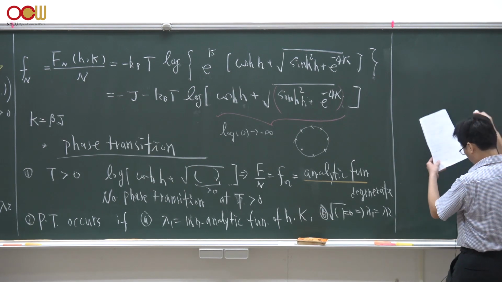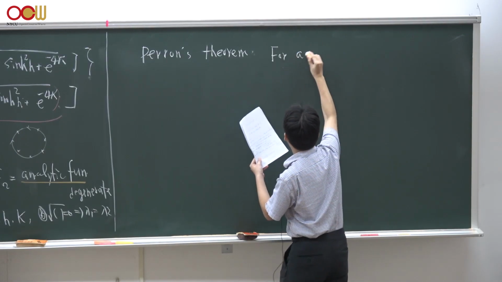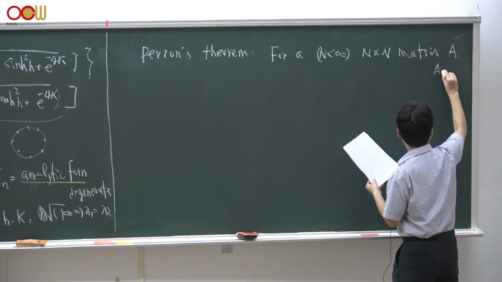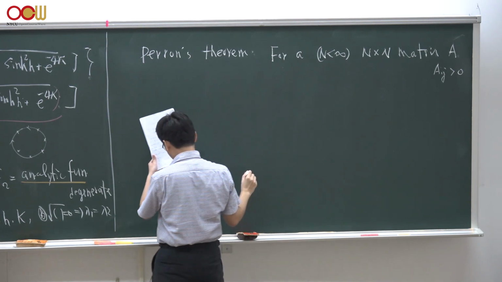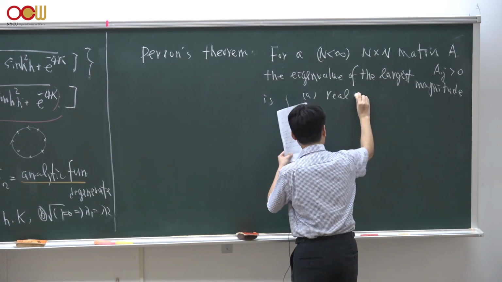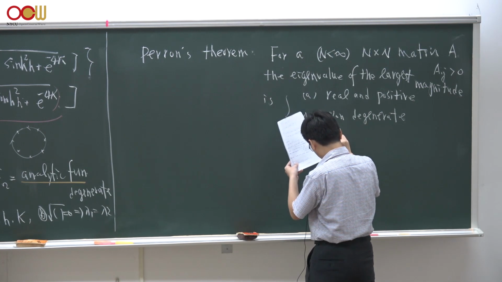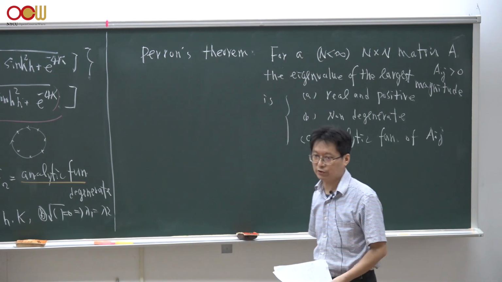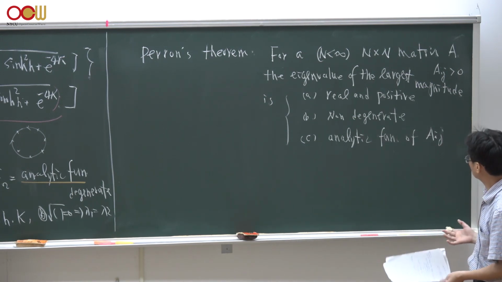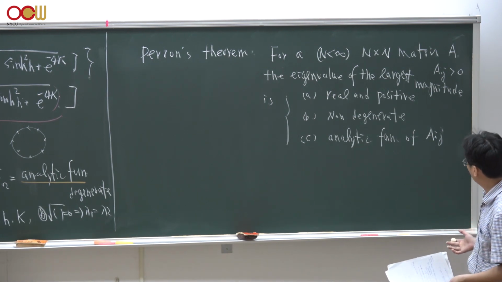So there's a theorem called Perron's theorem, which says that for an n by n matrix, or finite size n by n matrix, A with all matrix elements positive, the eigenvalue of the largest magnitude has the following properties: A, it is real and positive; B, it is non-degenerate; and C, it is an analytic function of A_ij. So for a finite size n by n matrix with all positive matrix elements, the largest eigenvalue has three properties.